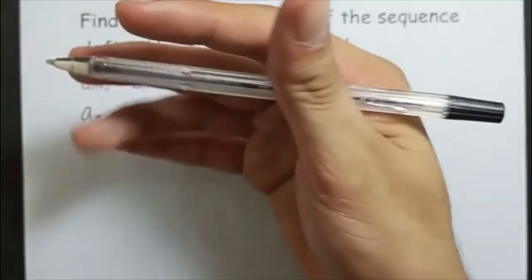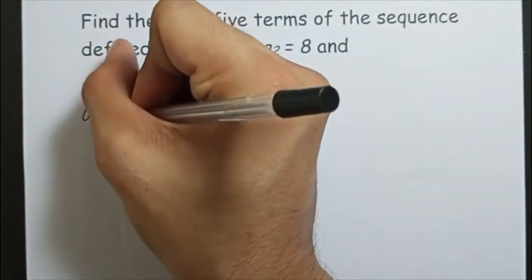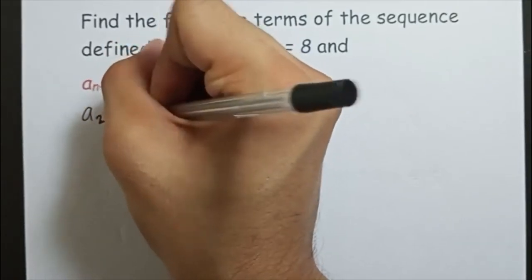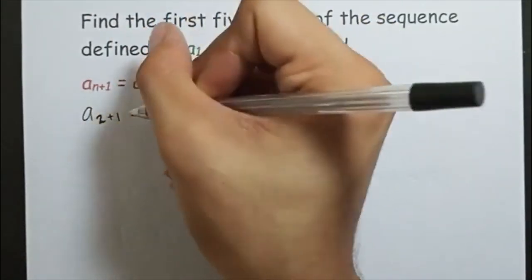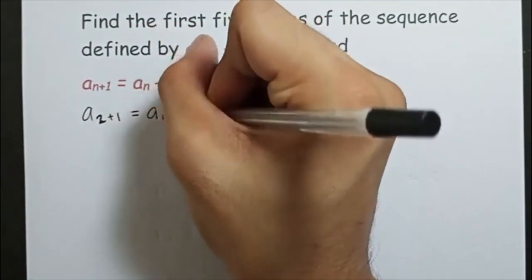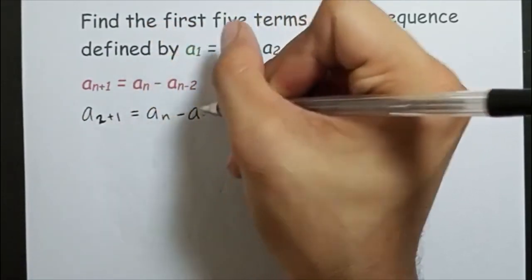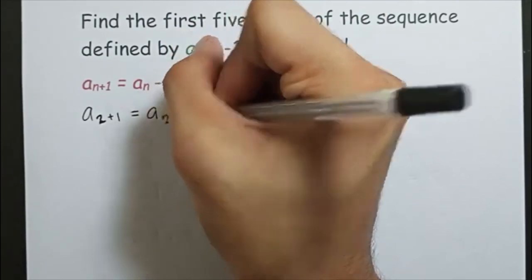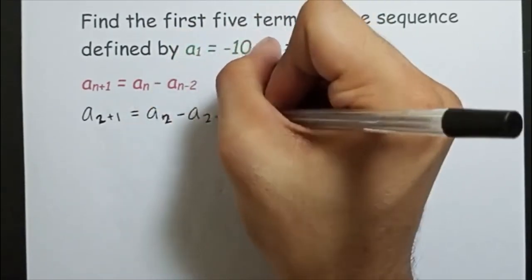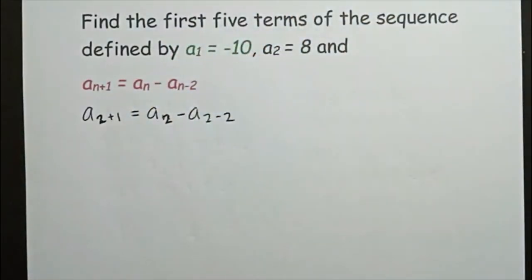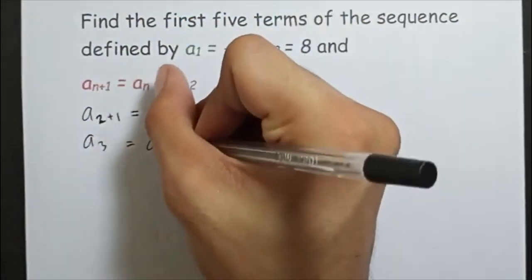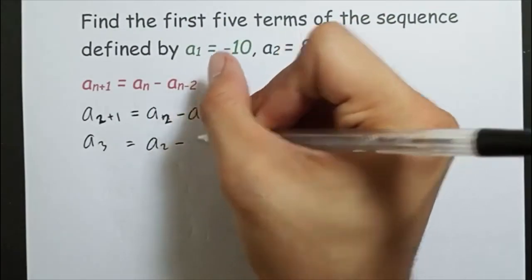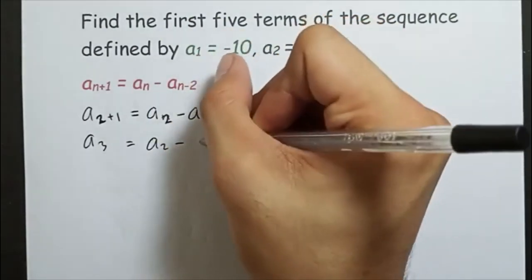So, para makuha yung a sub 3 to, kailangan a sub 2 plus 1. So, a sub 2 plus 1 is a sub 3 equals a sub n minus a sub, ito pala to, 2 minus 2. Tama. Then, simplify natin. 2 plus 1 is 3.